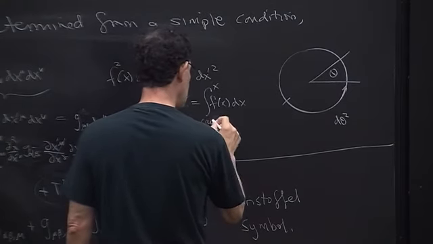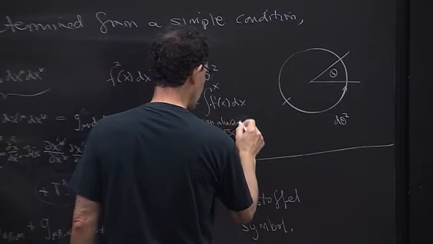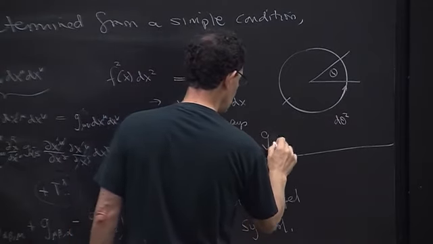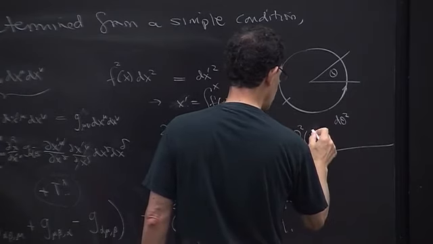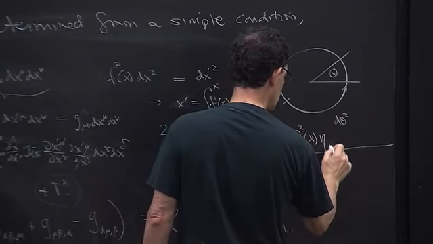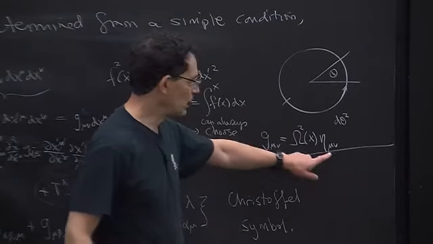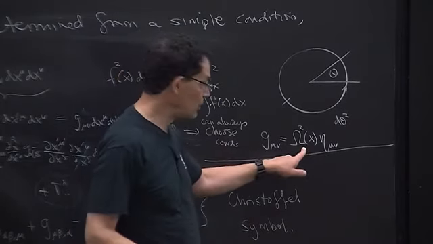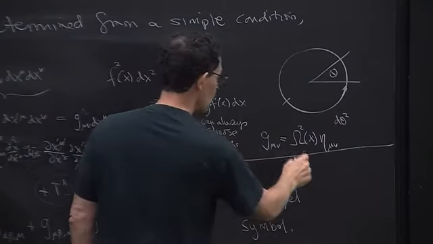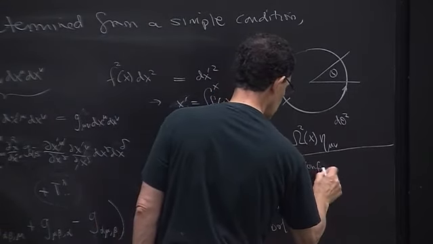So you can always choose coordinates in which g mu nu is equal to some function of x times eta mu nu, assuming Lorentzian. If it has one negative and one positive eigenvalue, you can always choose coordinates, and this is called conformally flat.